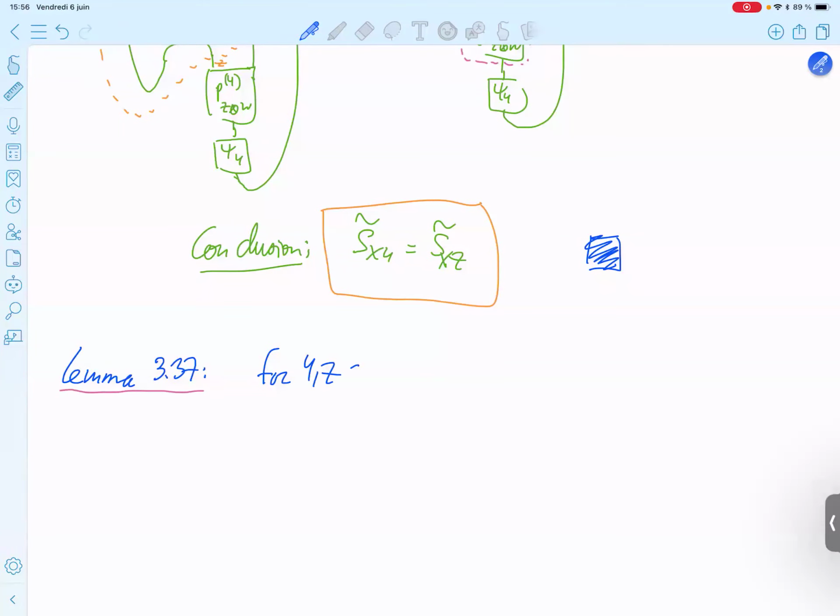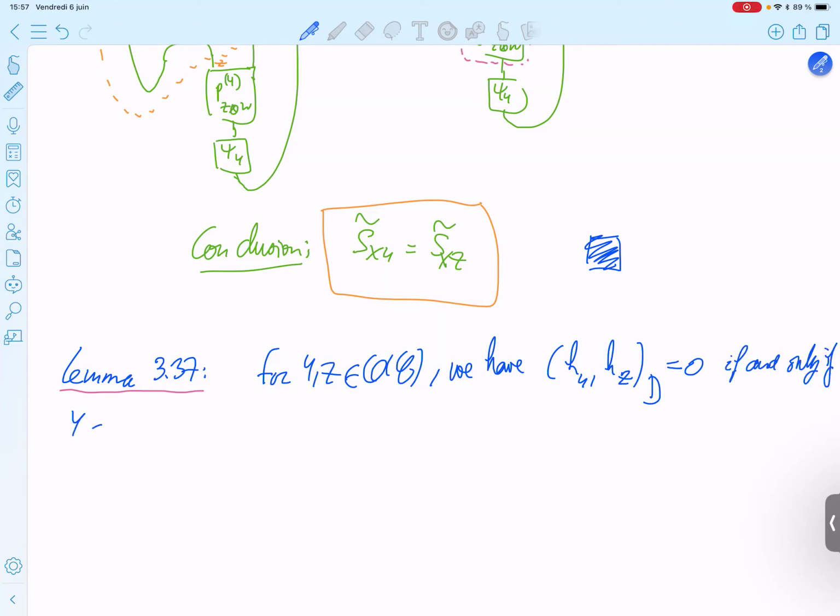So for y, z simple, we have the inner product of h_y, h_z is equal to 0 if and only if y and z lie in different D prime components of C. So proof.